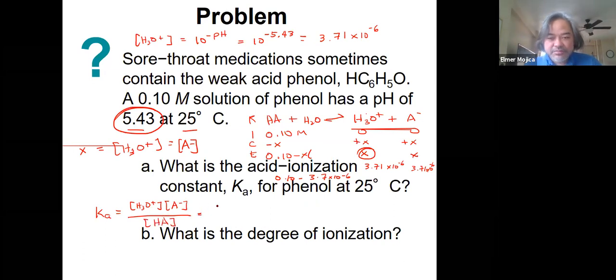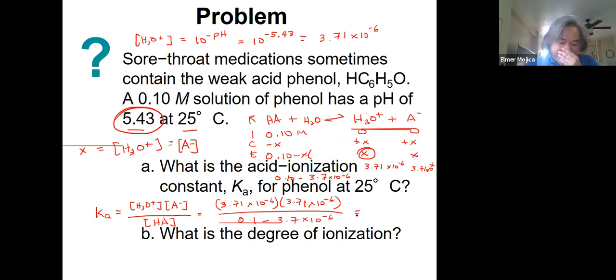Using the values, that's 3.71 times 10 to the negative 6 times 3.71 times 10 to the negative 6 over 0.1 minus 3.71 times 10 to the negative 6, and this will give you around 1.4 times 10 to the negative 10.